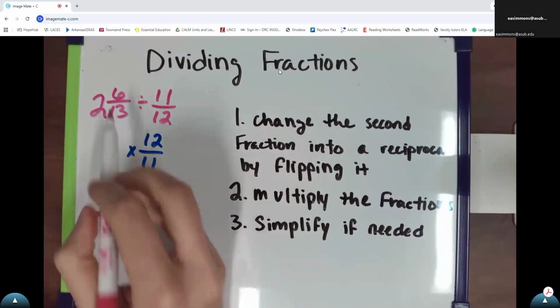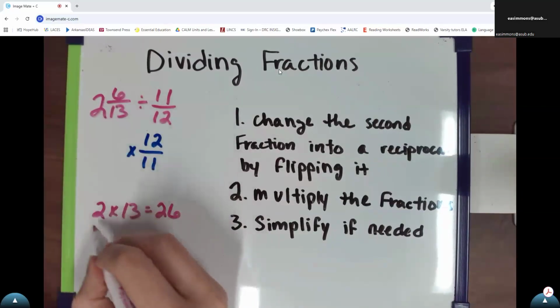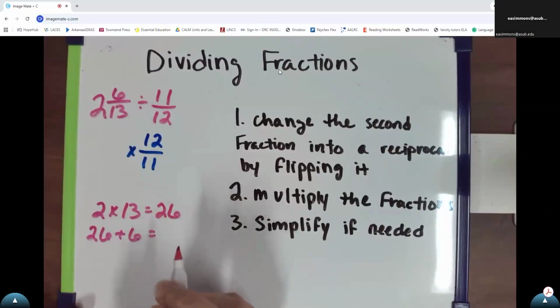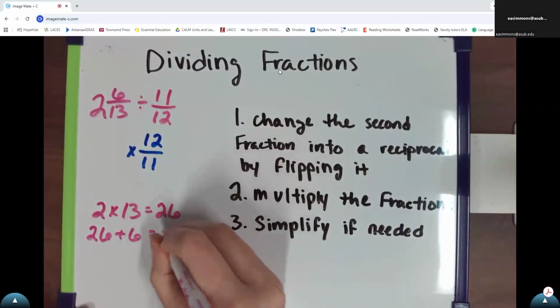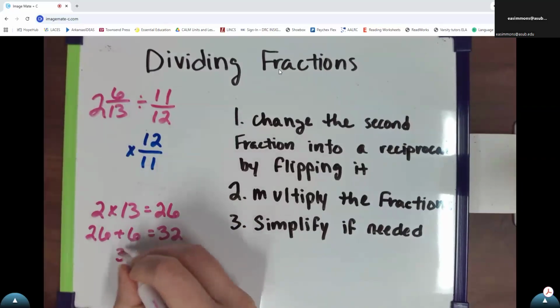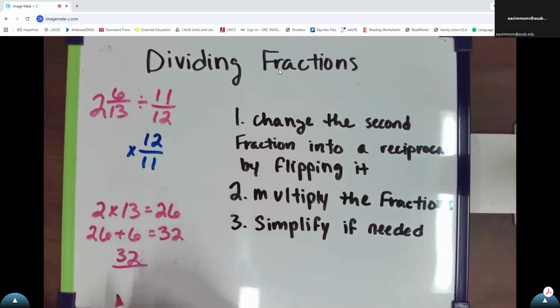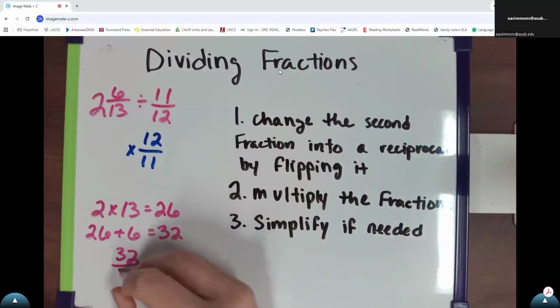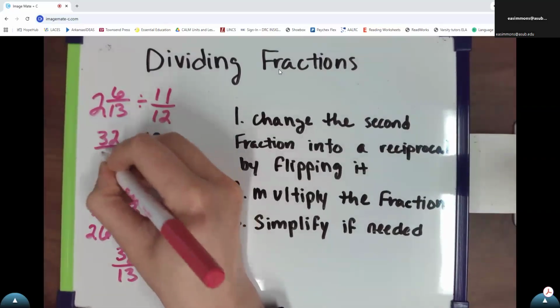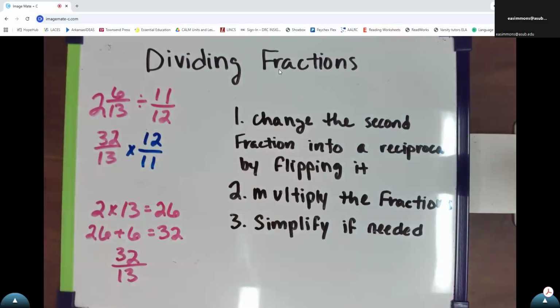Then we add that 26 to our numerator to get 32. And we'll put that 32 over our denominator, so it turns into 32 over 13. Now we can multiply, so we'll do 32 times 12.